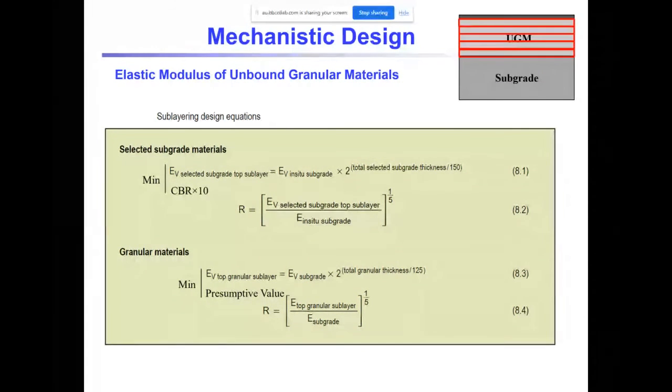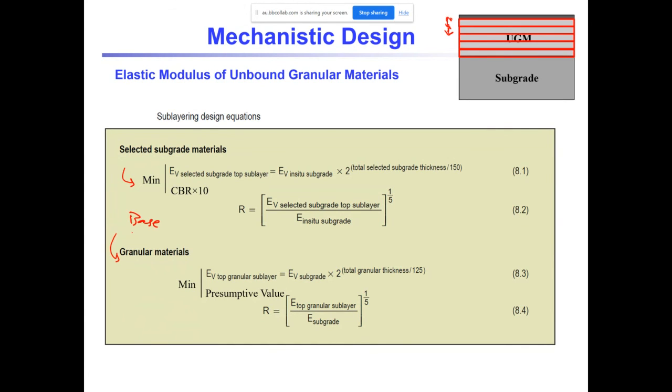How can we determine this? Ostrows tell us to divide the thickness of the layer into 5 sublayers, right? So we divide it into 5 sublayers, and then we can use these empirical equations to determine the value of the strengths for each sublayer. That depends on whether we are talking about the selected subgrade material or we are talking about sub-base or base layer.